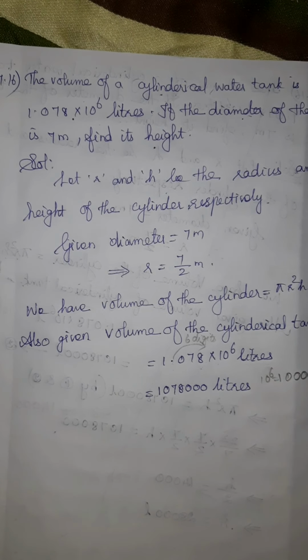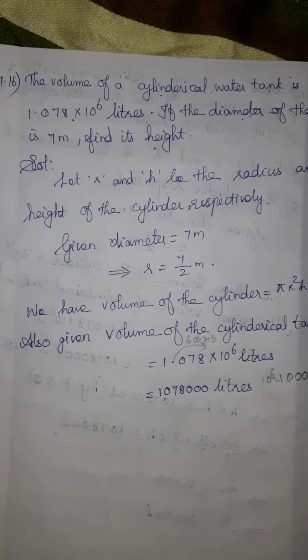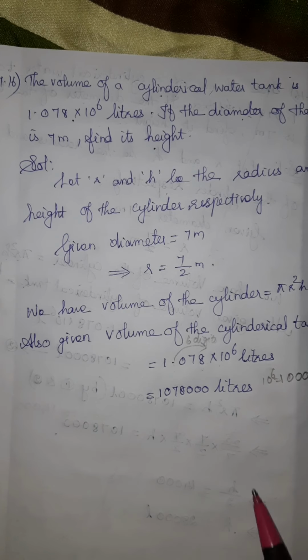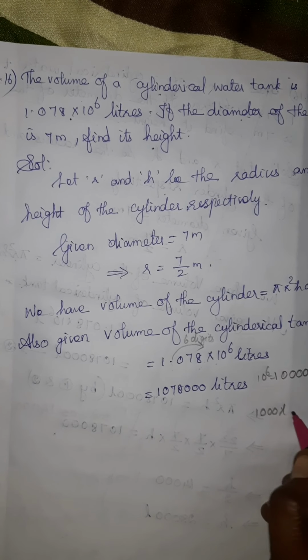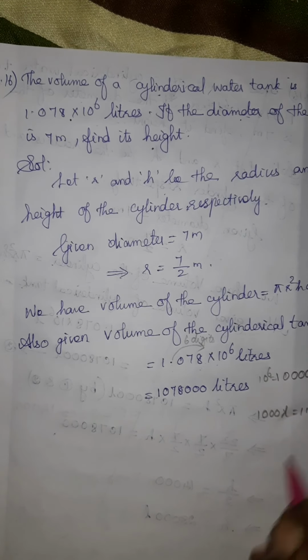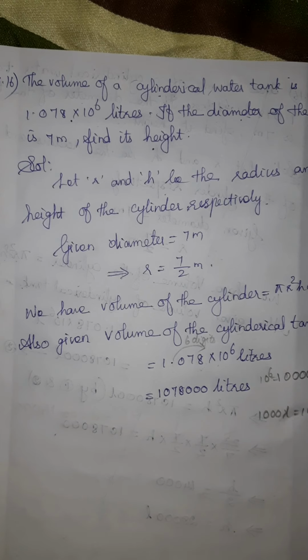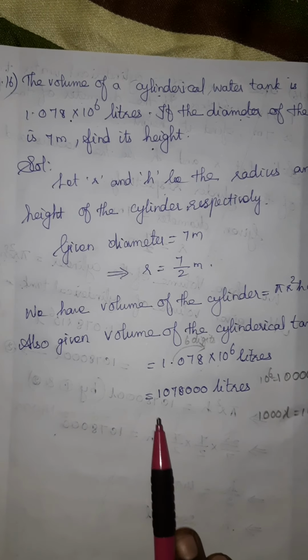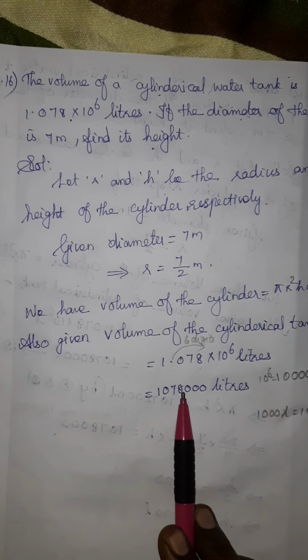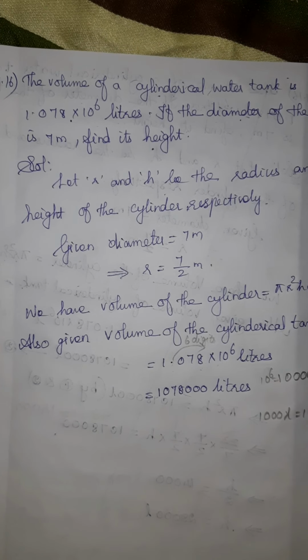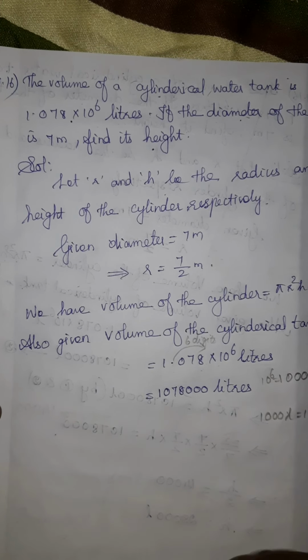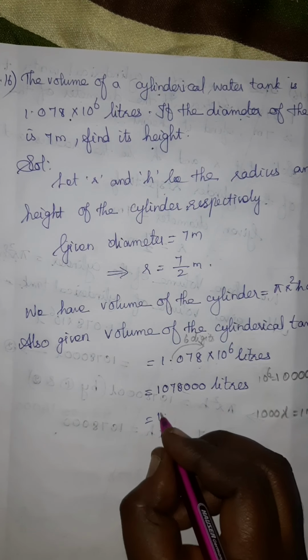This is the value for 10 power 6, but we got the value in liter, so we have to change it into meter cube. Actually 1000 liter is equal to 1 meter cube. This relation also keep in the mind. So 10,78,000 liter is equal to 10,78,000 divided by 1000 meter cube, that means you have to divide using 1000.